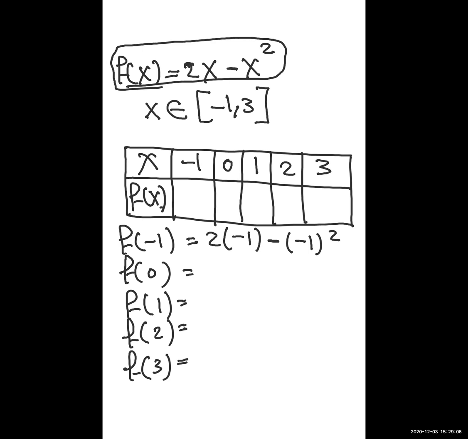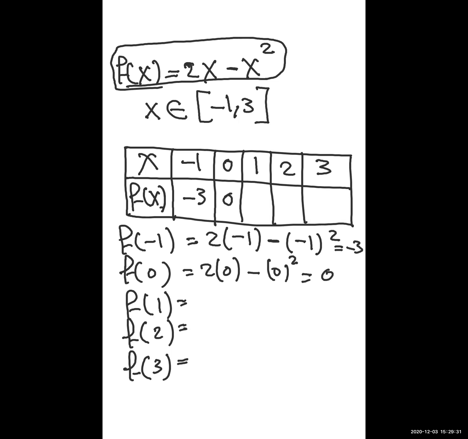So -2 minus 1, okay, so it will equal -3. Okay, f of 0 will equal 2 times 0 minus 0 squared, which is x squared. So it will equal 0 minus 0, which is equal 0. So 0 and 0.